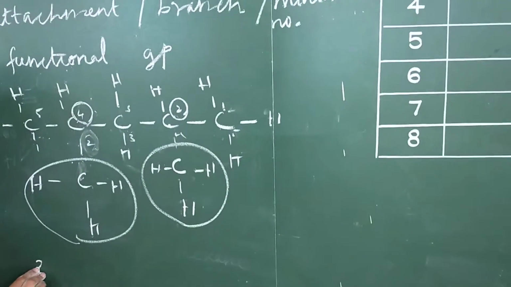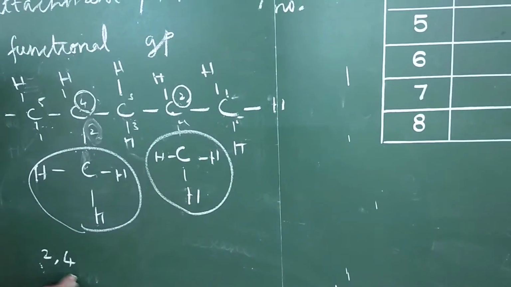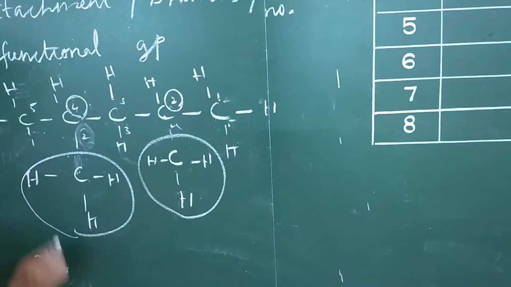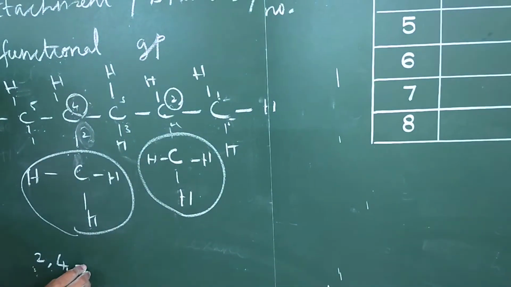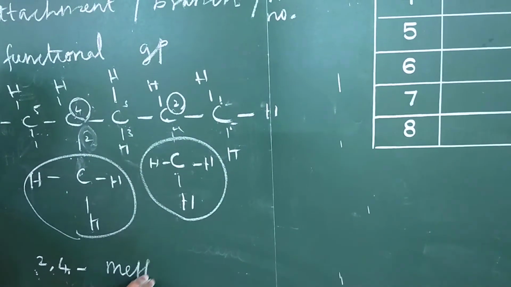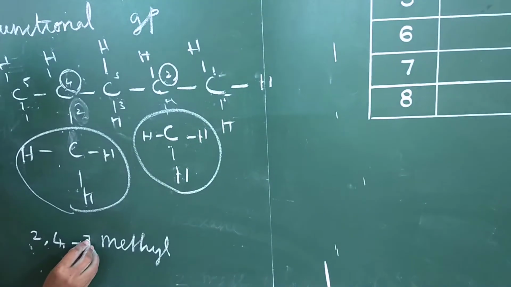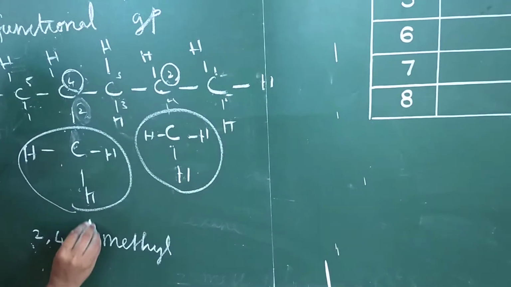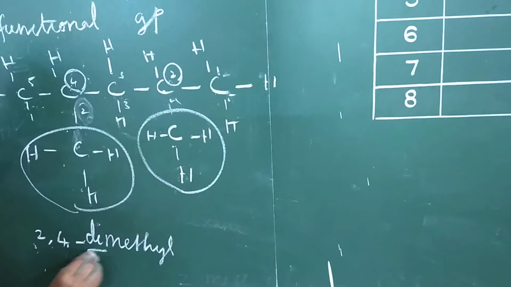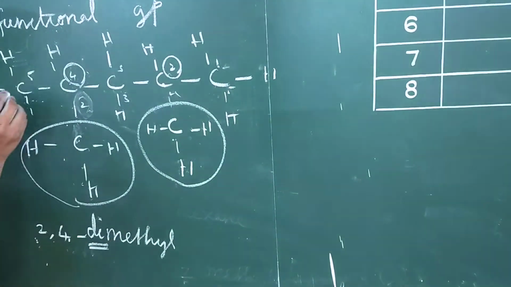So 2, 4. What is this 2, 4? This 2, 4 is a position. What is attached at the 2 and 4 positions? A methyl group is attached. How many methyl groups are there? 2 methyl groups. So when 2 is there, we name it di. Di means 2 methyl groups are there.